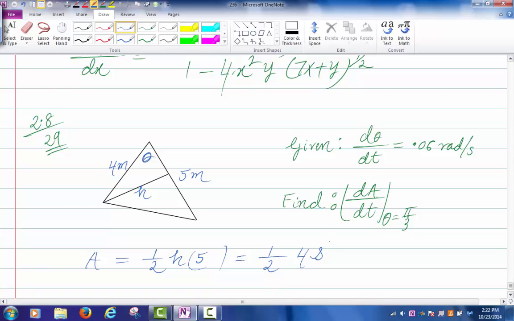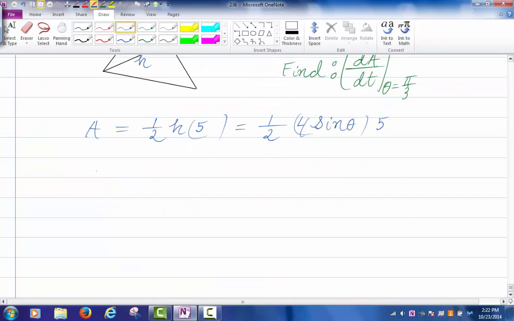So this would be sine theta, and then you have to multiply that by 5. And so the area is basically 10 sine theta, right? So we got an equation involving area and sine theta.